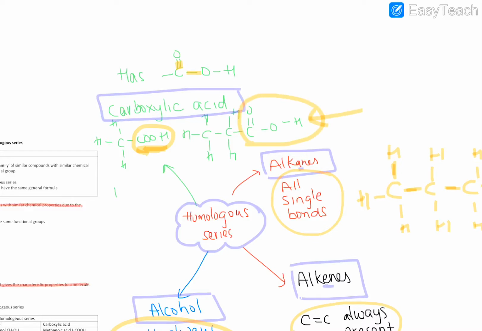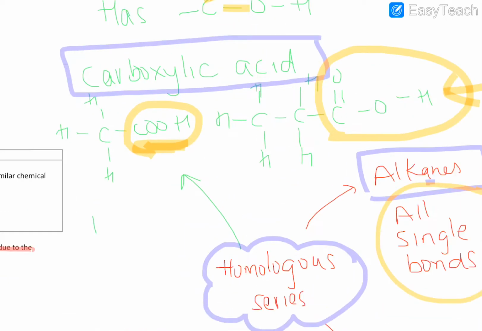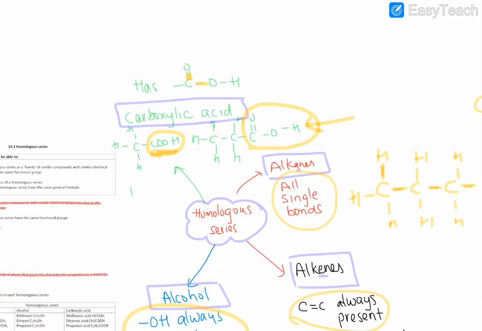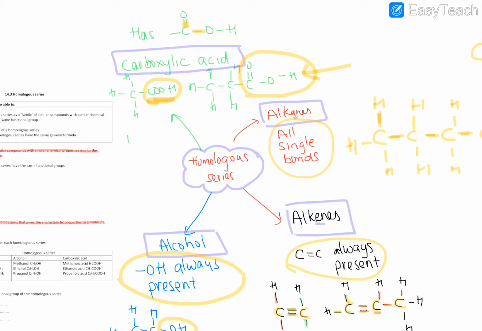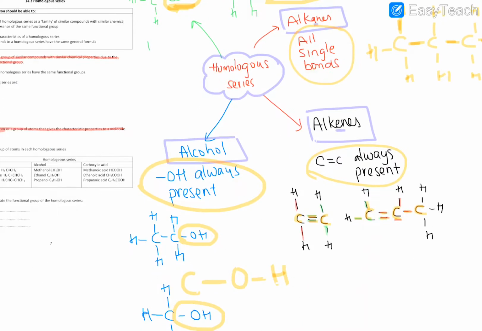Okay, so you see that different families have different groups of atoms that exist in them. And that group of atoms is what will take part in reactions, and this is what gives its characteristics to that family. For example, alkenes, because they have a double bond, are usually reactive.